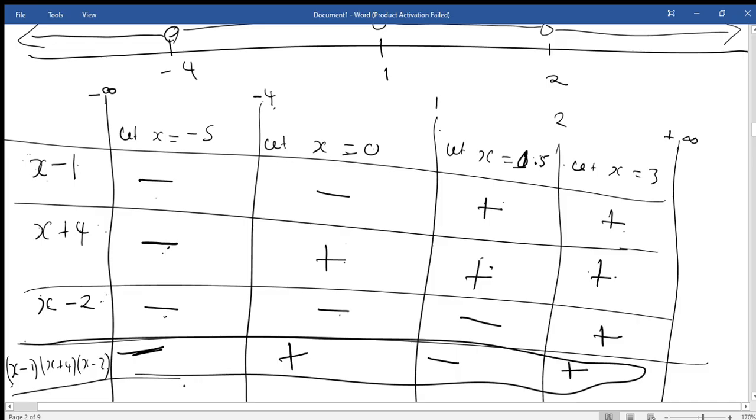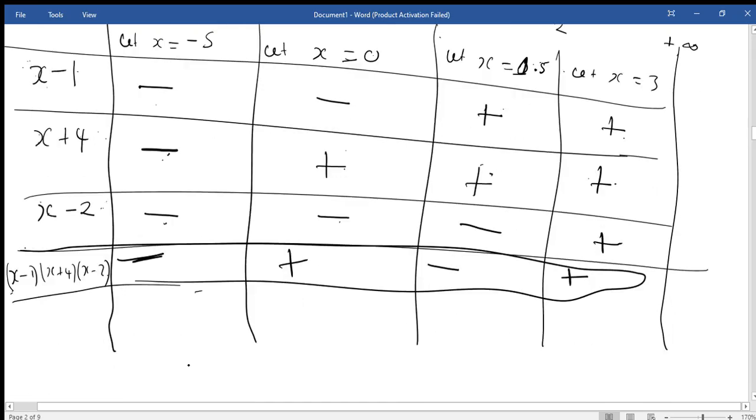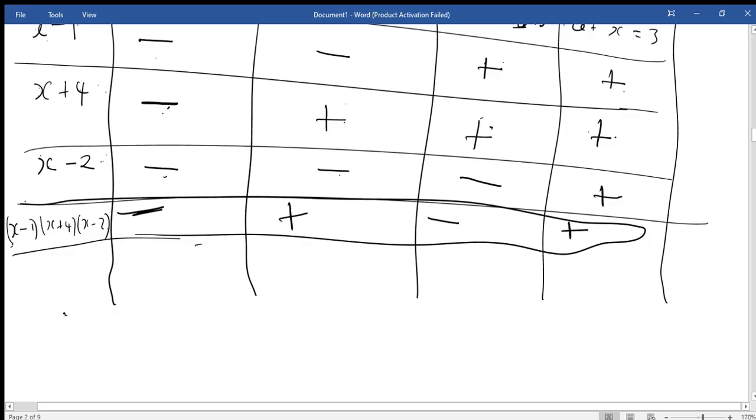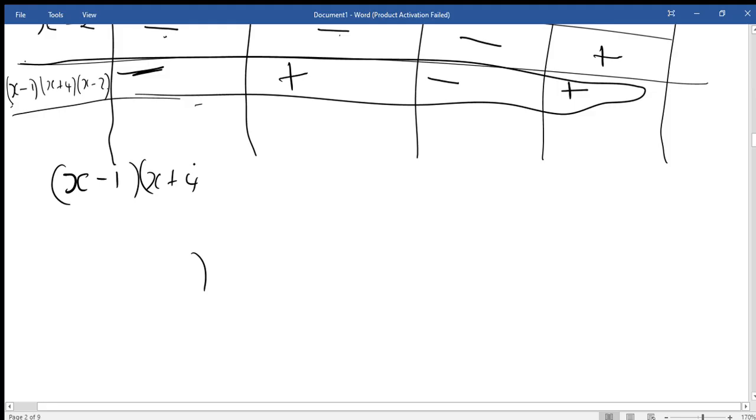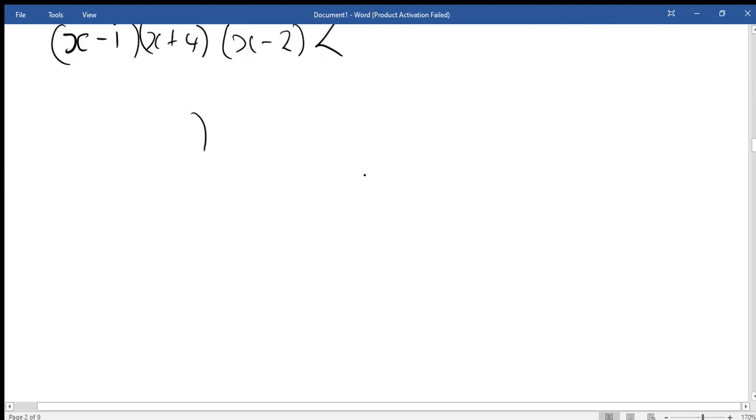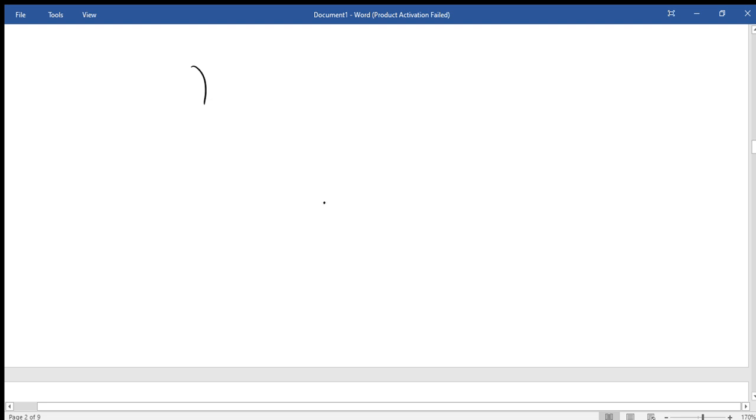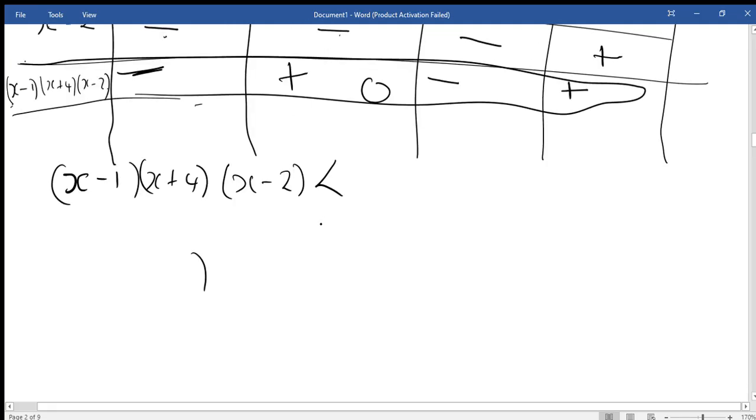So we had the inequality which was saying x minus 1, x plus 4, and x minus 2 should be less than what? 0.